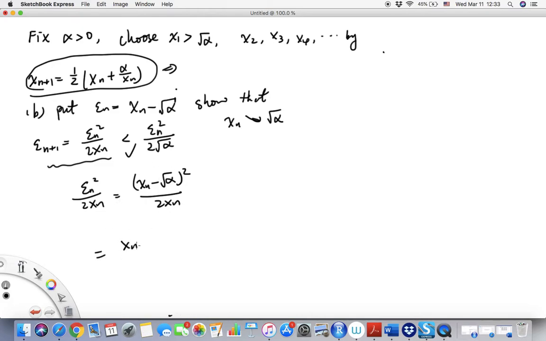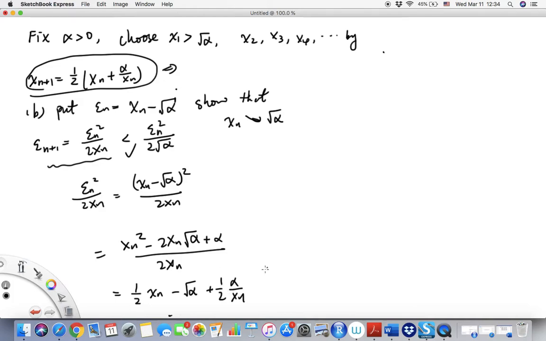That gives us xn squared minus 2xn times square root of alpha plus alpha, over 2xn. Okay. Then what do we have? xn squared divided by 2xn gives us 1/2 xn. Okay, and then minus square root alpha, and then plus 1/2 alpha over xn.